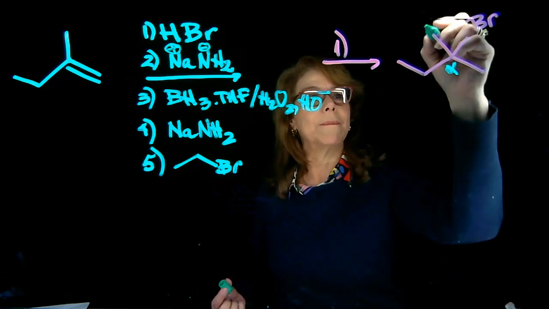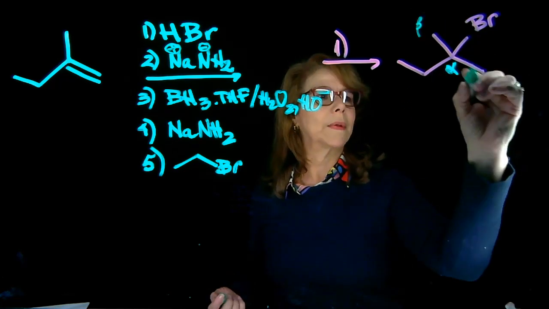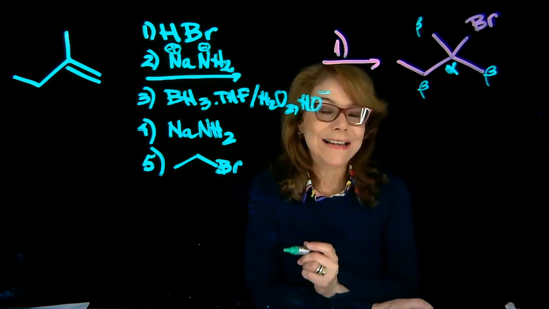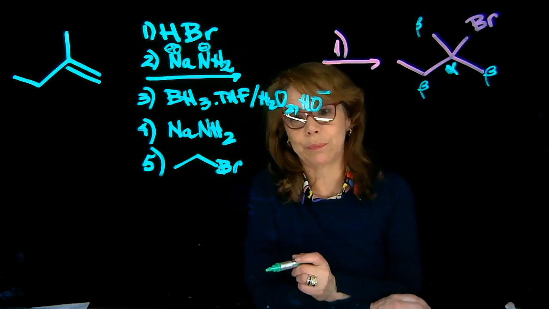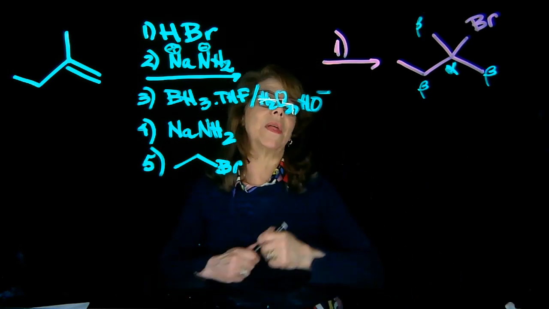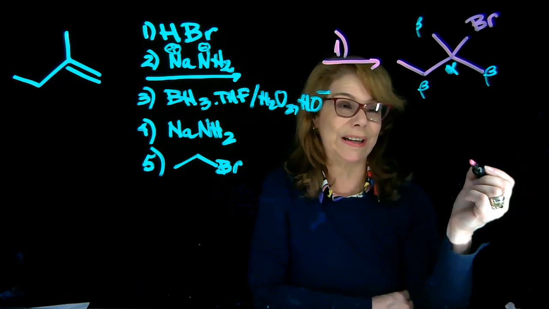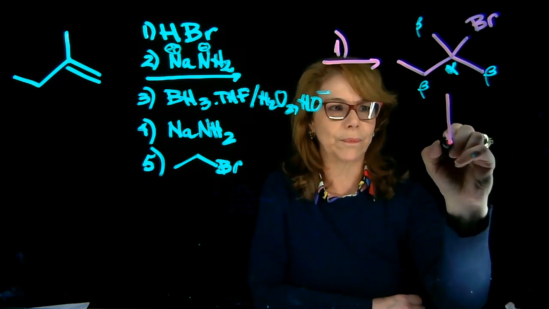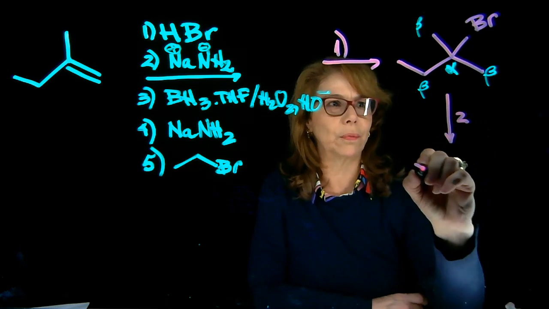If this is alpha, these are the beta positions. Now, small bases favor the Zaitsev product. So if you have that elimination, it means that you need to form the more substituted alkene. If you do the elimination over here, you're going to get that Zaitsev product. And so this is what you form.